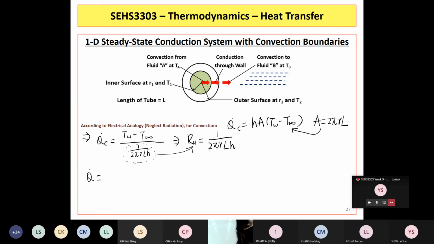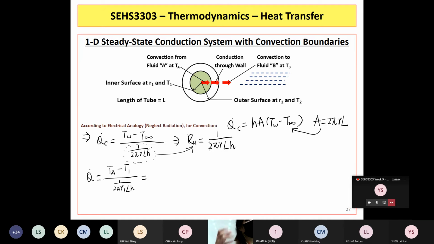The convection from the hot fluid to this cooler solid should equal TA minus T1 divided by 1 over 2 pi R1 LH. This is a convection inside our pipe.